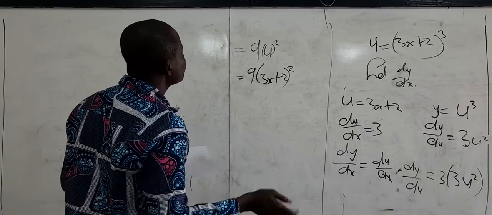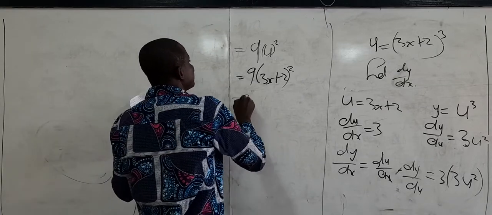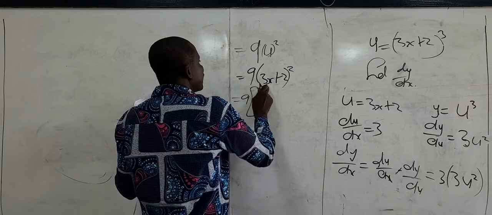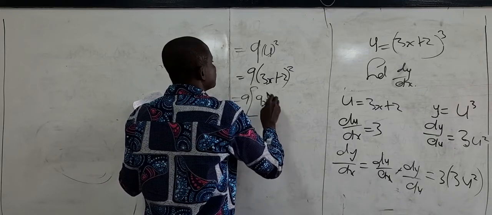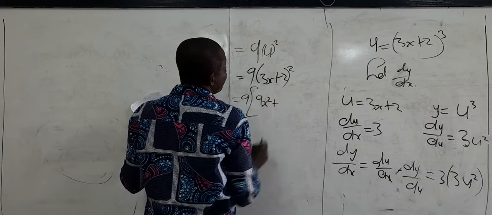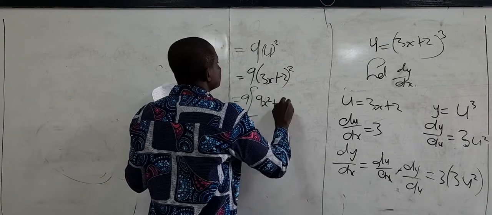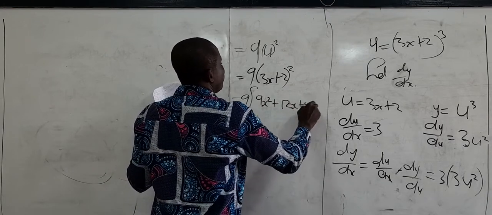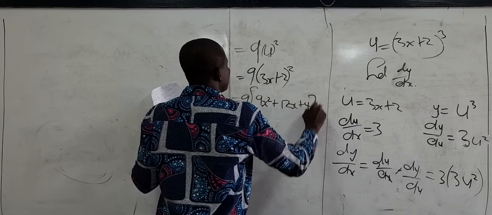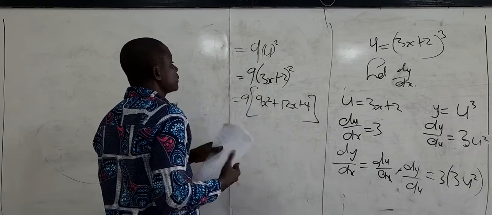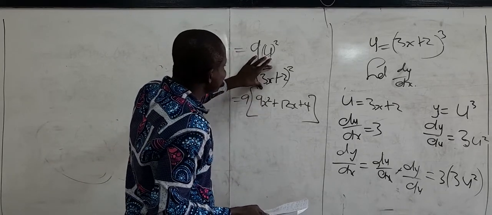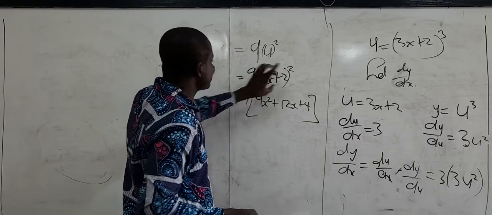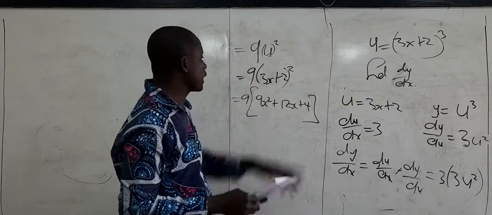So if I want to further expand it, then I can say 9 here will be 9x squared plus, if I expand this, 12x plus 4, like this. There's a way of doing this thing. The square of this plus the product of twice this and this, then the square of the last number.